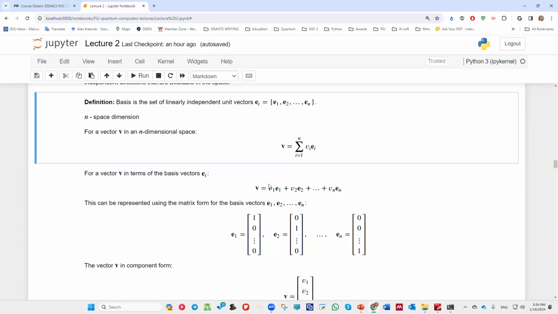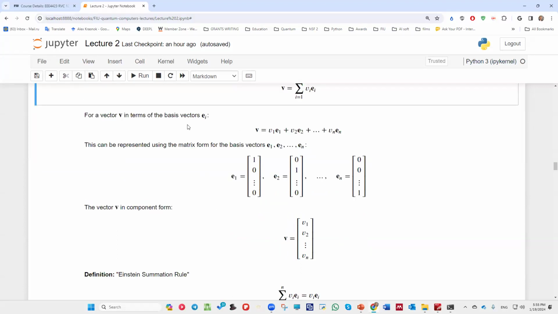Okay, so for example, if I expand this formula here, I will get something like this: the projection on the vector 1 times e1, plus projection on the vector 2 times e2, plus etc., up to vn times en. And again, this n can be infinite, actually, for a space of infinite dimension.